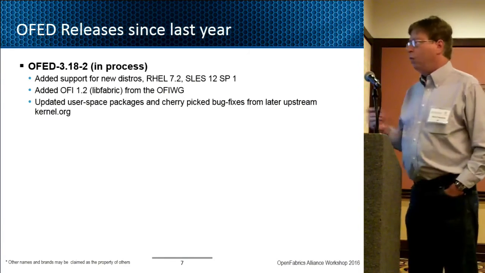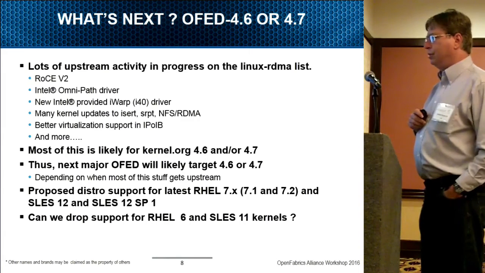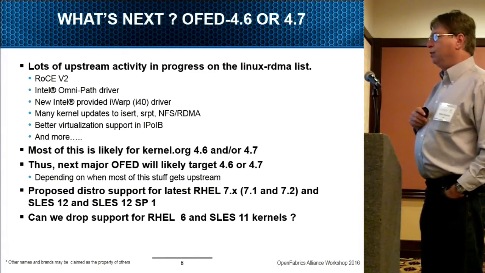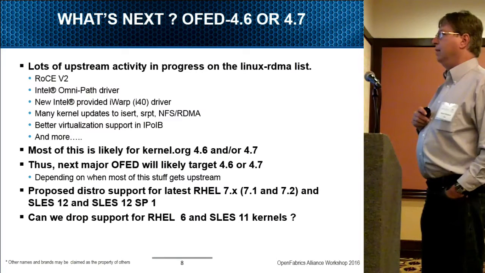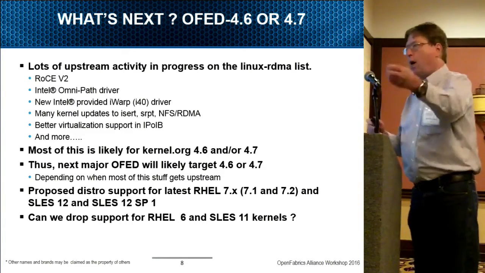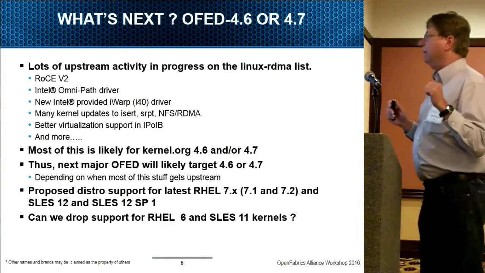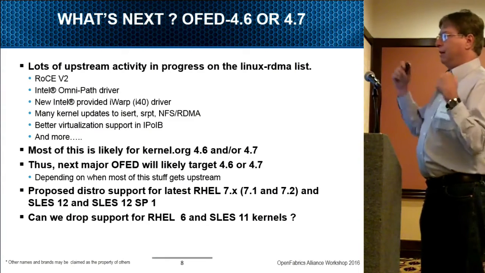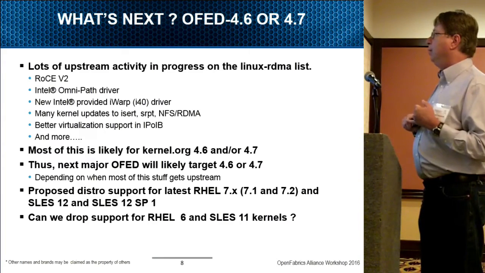And then going forward, we've been trying to figure out which kernel to target next. Traditionally, we usually bump to a newer kernel about once a year. What usually drives it is that we get together in the meetings and all the vendors say, well, I've got new stuff that's tentatively planned for kernel X or kernel Y, and we wait until there's a big enough set of stuff that everybody believes it's worth jumping to the new kernel, because every time we jump to the new kernel, we have to re-backport to all the various different distros that people want to support.